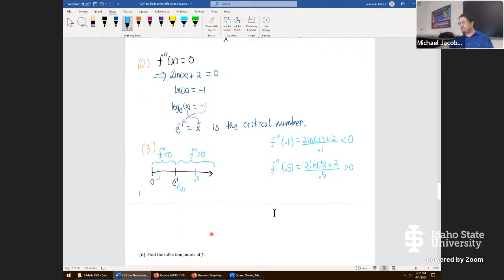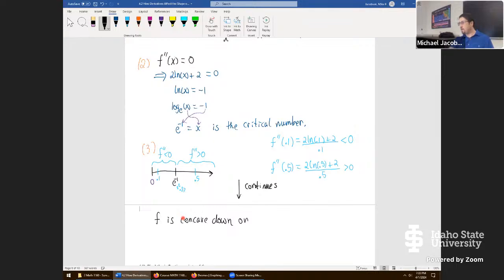So what does that finally mean? Our conclusion now is that f, let's say here, continues. I think the page break is unavoidable this time. f is concave down on this interval where it was less than 0.